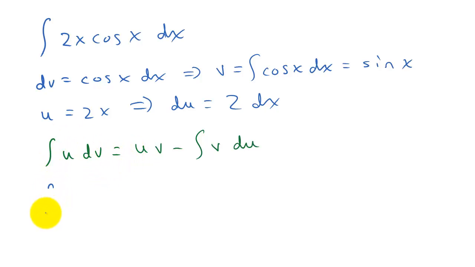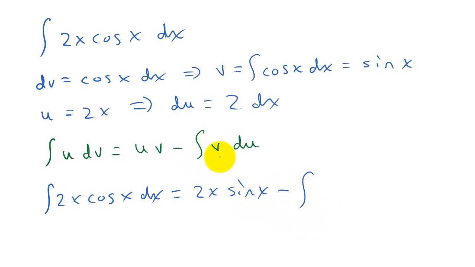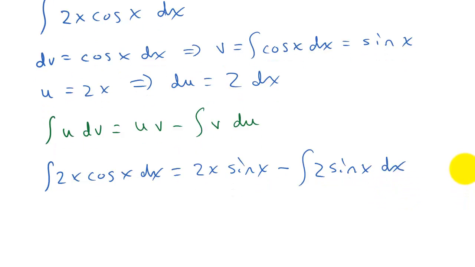So I've got the integral of 2x cosine x dx is equal to u times v, 2x times sine x, minus the integral of v, which is sine x, times du, which is 2 dx. I'm going to just go ahead and write the 2 dx like this.